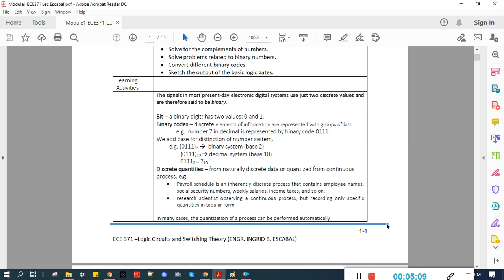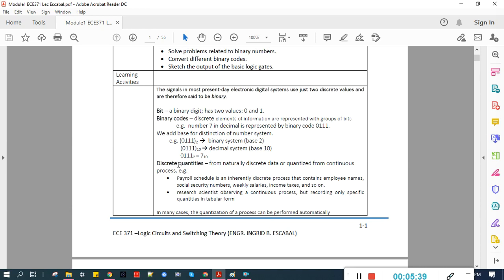Another example is the tabular data, which represents specific quantities being recorded by a research scientist. And there are a lot of other examples of discrete quantities.